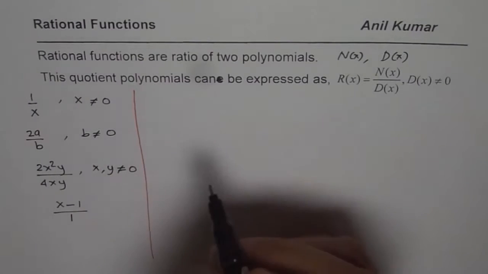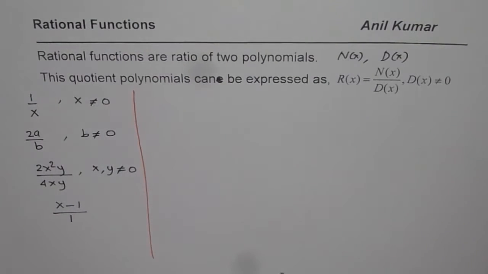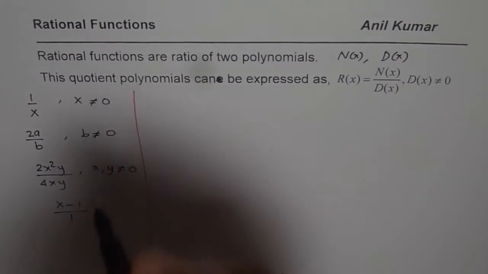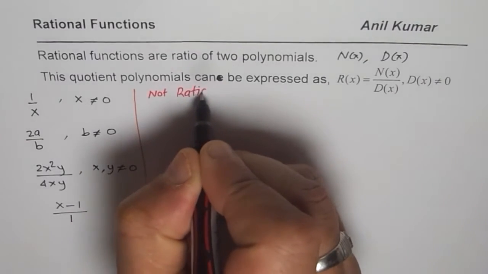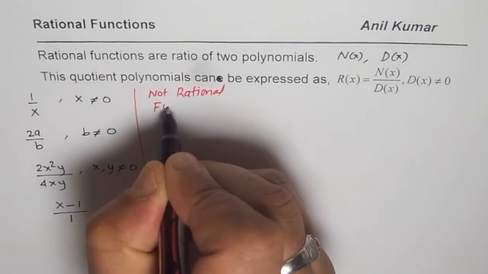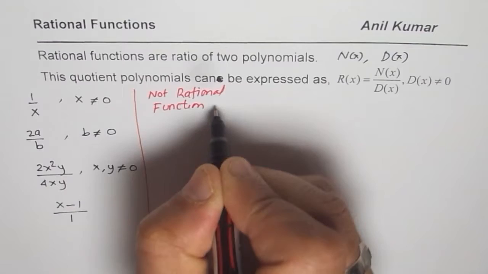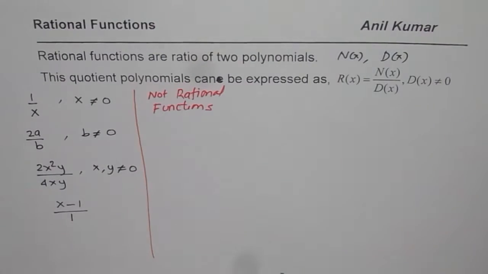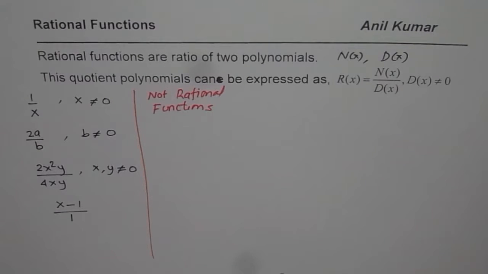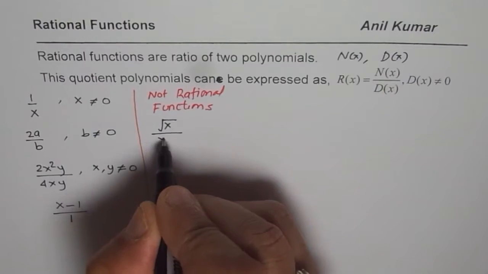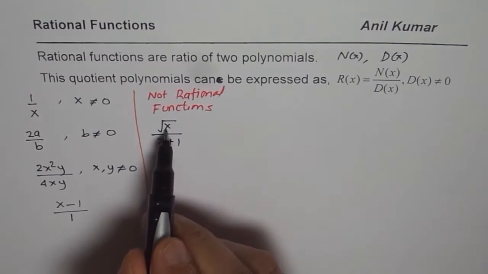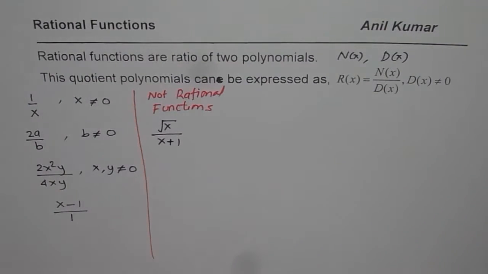Now, what are not rational functions? Let me write down in red. As I'm saying, rational functions are ratios or quotients of polynomials. So if I write something like square root x over x plus 1, here square root x is not a polynomial, therefore it is not a rational function.